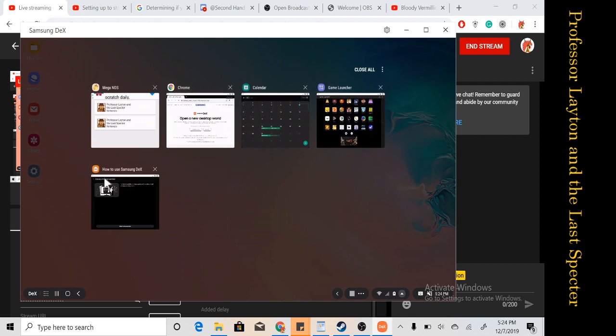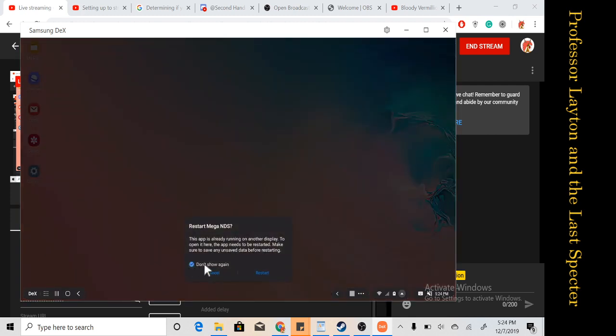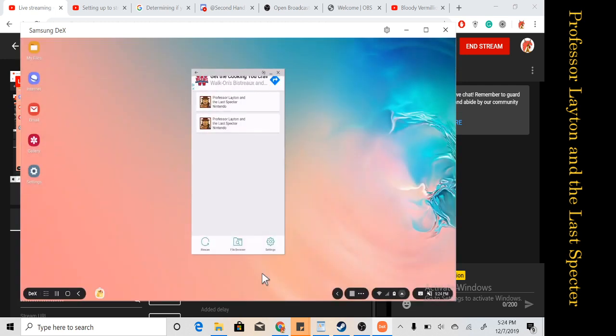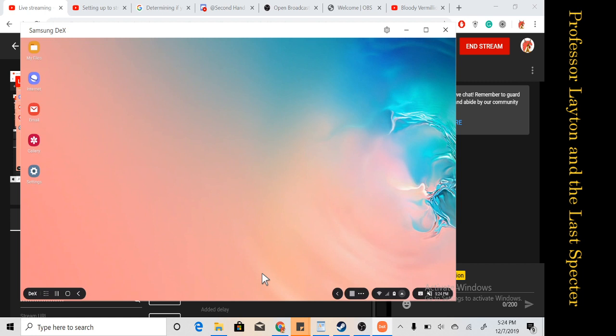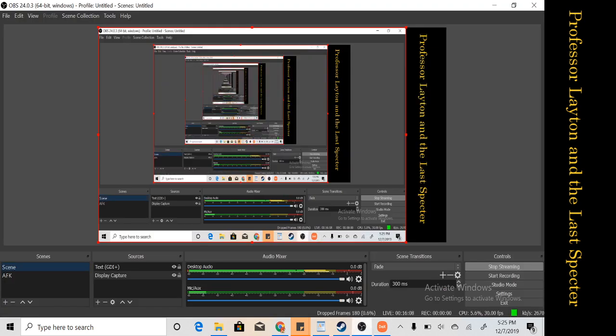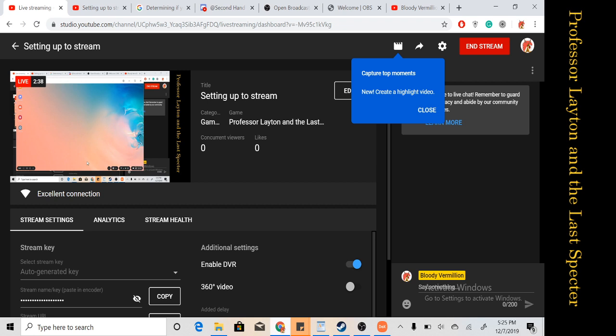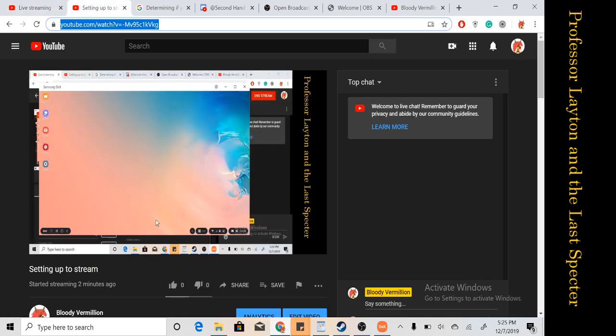Why isn't it showing? I can't show it on both my phone and my laptop at the same time? Why not? The audio is working. I don't get it.